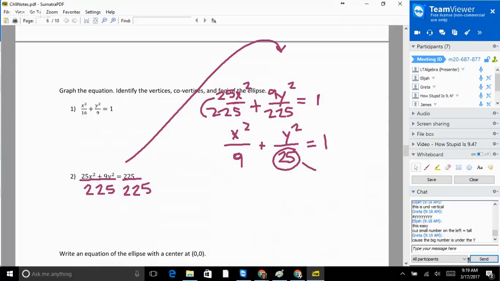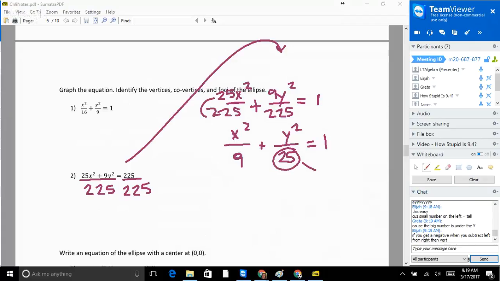And when something is bigger on the y-axis, that makes it vertical. Elijah and Greta have it. Hopefully everyone else is like, yeah, got it. Since my 25 is bigger, that's how I know this is going to be vertical without even graphing it.